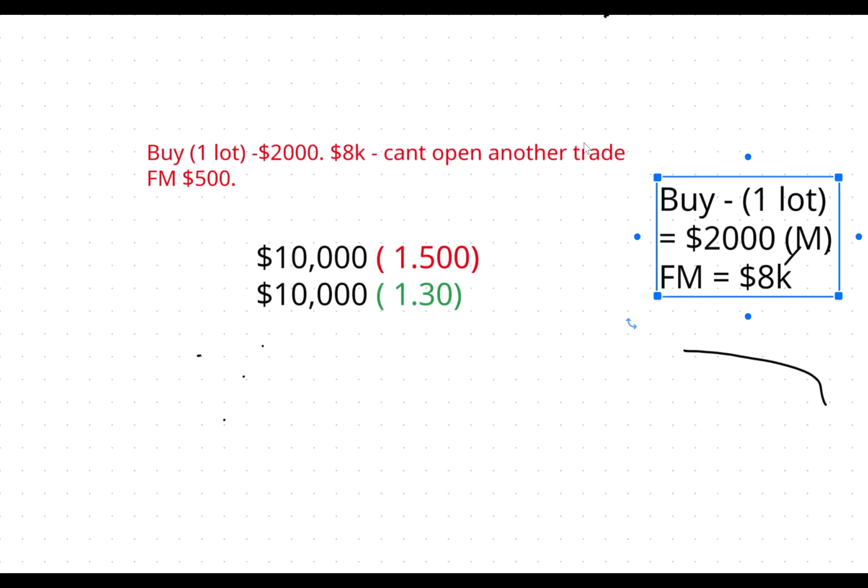The more margin you have, the more leverage you will have. Perfect. I would rather say the more leverage you have, the more free margin you will have. Yeah, the more leverage, because leverage is chosen when you want to open the account. The more leverage you have, the more free margin you will have.